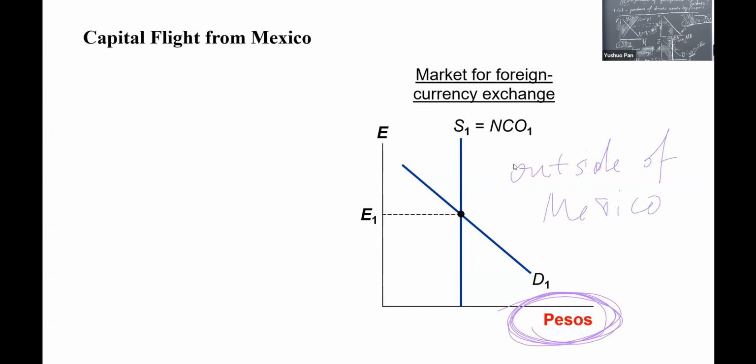So the supply curve is the NCO, which is pesos. The pesos flow out from Mexico, and the demand is the net exports. Still, this refers to Mexico. That's the demand curve and supply curve.